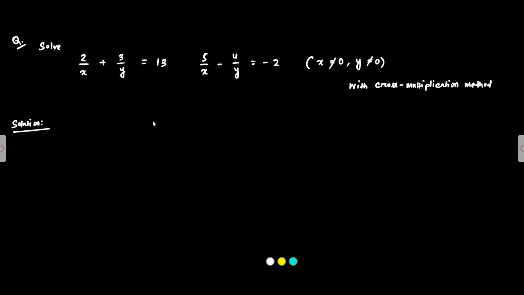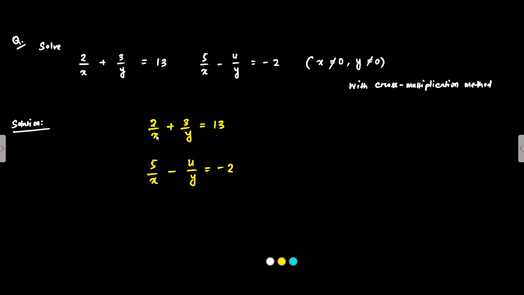So here we have 2/x + 3/y = 13 and 5/x - 4/y = -2.